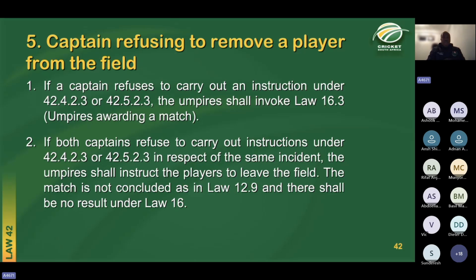So if there are level 3 or level 4 offenses that are committed by players, if we don't have a code of conduct that tells us otherwise, we need to implement this law strictly. If we need to award a match because a player is refusing to leave the field or the captain is refusing to remove a player from the field, then we need to go to the extreme of awarding the match to the opposing side.